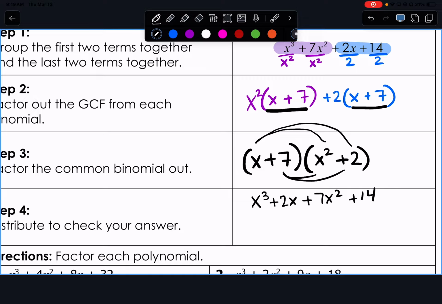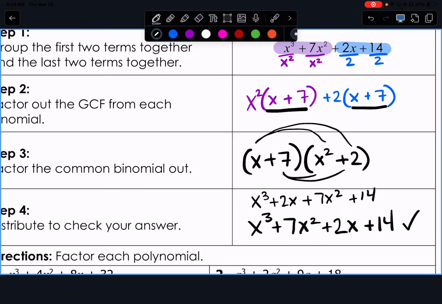Now, is that in standard form? How do I need to rearrange it? X to the 3rd goes first, then what? Then what else? Plus 14. Is that the same as what we started with? So we've checked it and our answer was right. But that is how we group.